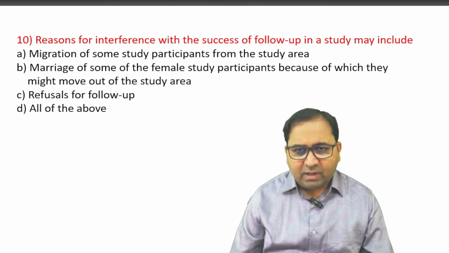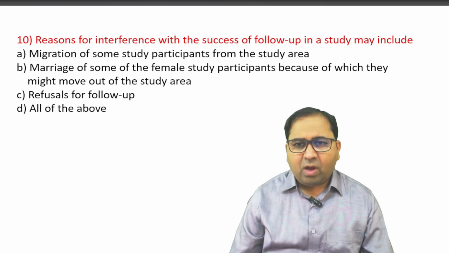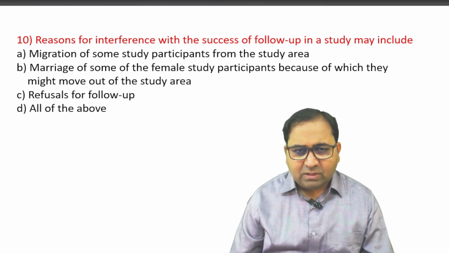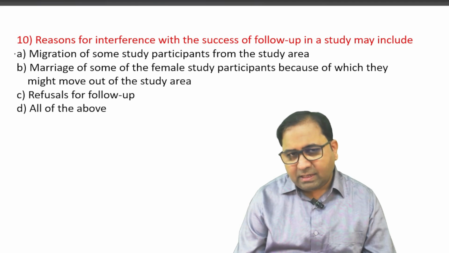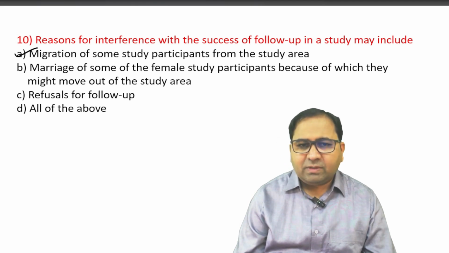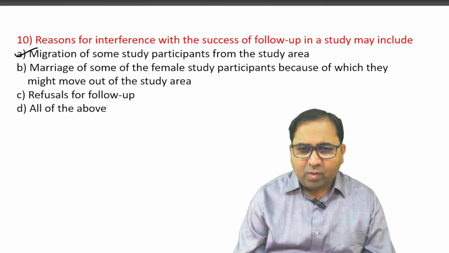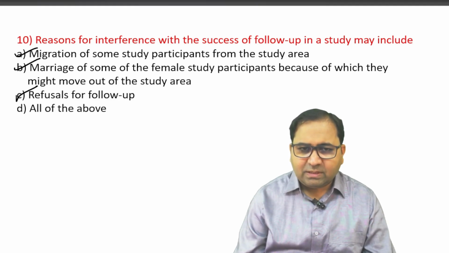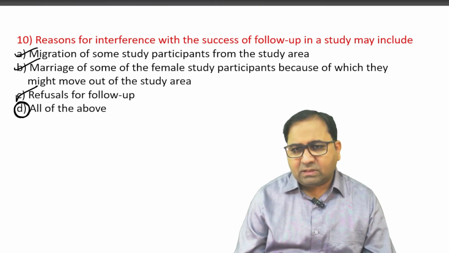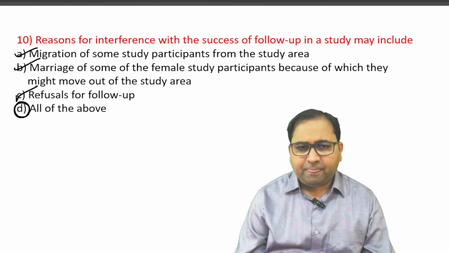Let us see the options again. Migration of some of the study participants from the study area, yes. Then marriage of some of the female participants, then they might move out from that area, yes. Third is refusal for follow-up, yes, even this is correct. So all of the above statements are reasons for interference with the success of follow-up in a study.